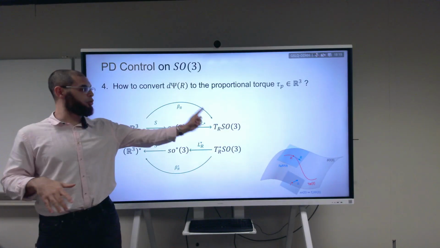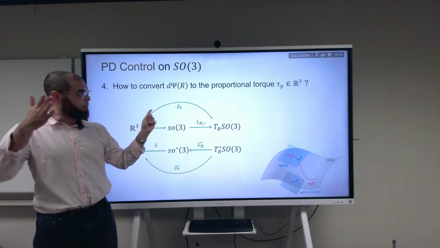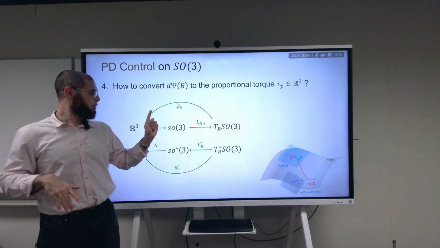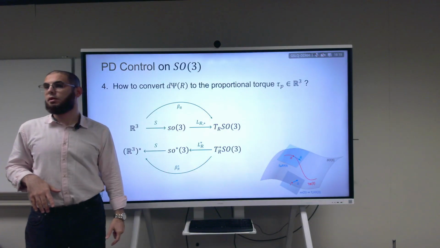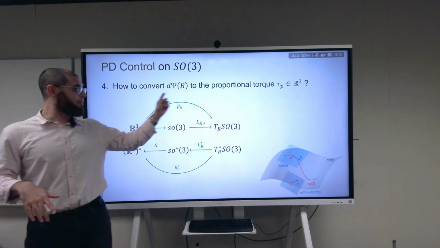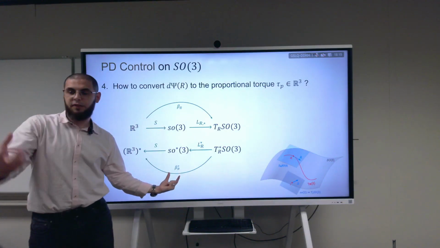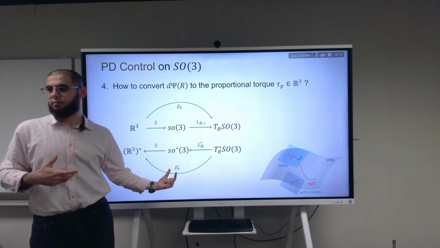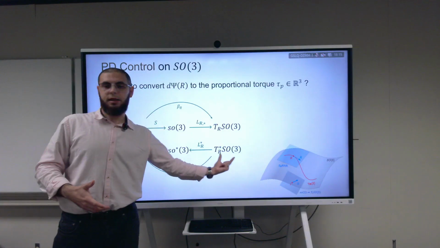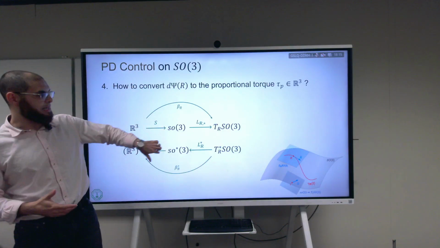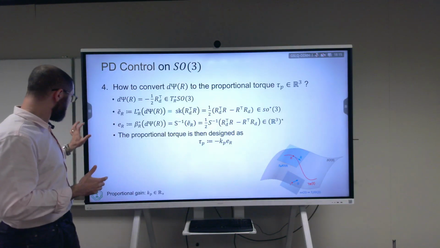That's actually a homework for you, to show that this is a linear map, with R fixed, of course. And the dual of that is simply beta R star. Because we know how beta R works, I can implicitly find how beta R star works. And then we're going to be able to convert the covector we just calculated into a torque. That's exactly what we're going to be doing now on the board.